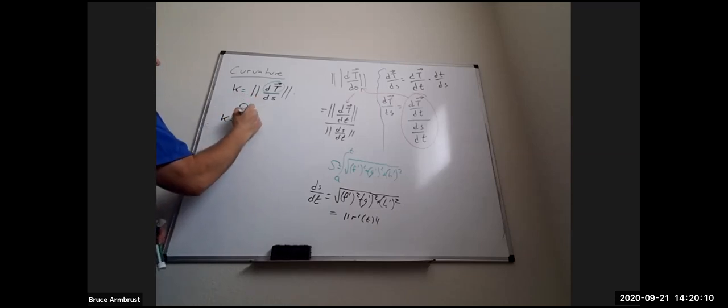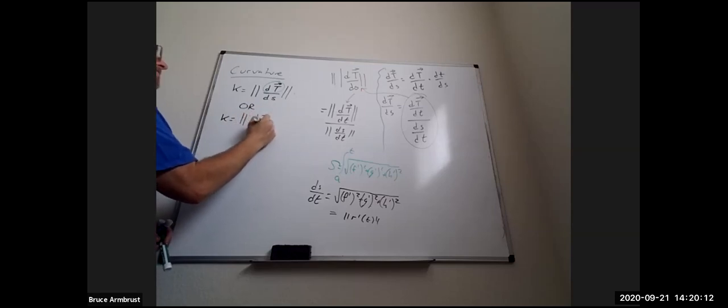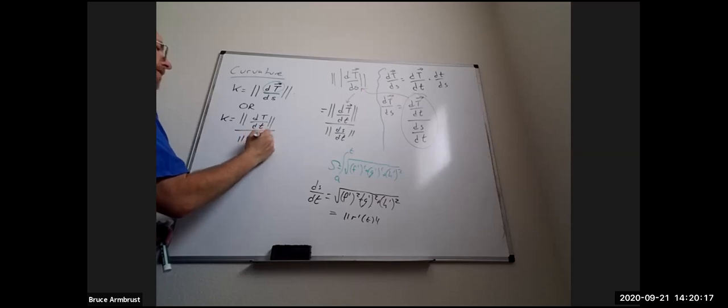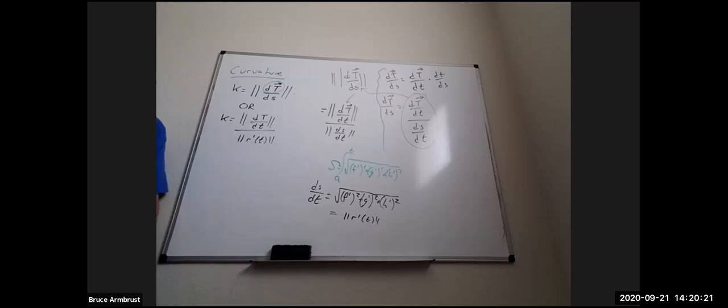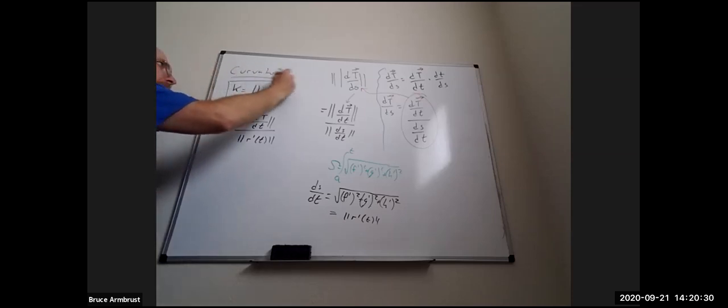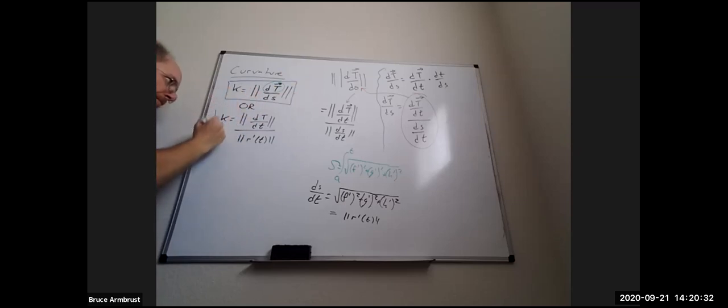We can think of curvature as the magnitude of dT/dt divided by the magnitude of r prime of t. I'm just going to put these in separate boxes to draw your attention to them. But these are equivalent. They are exactly the same thing.